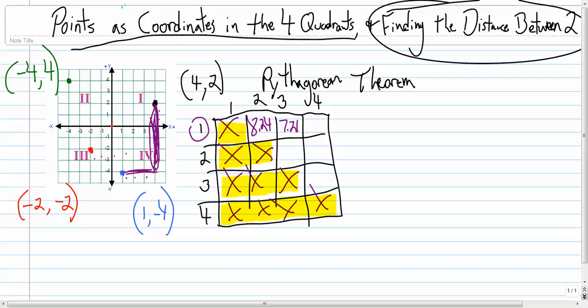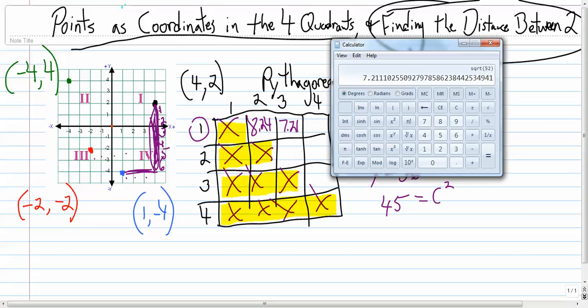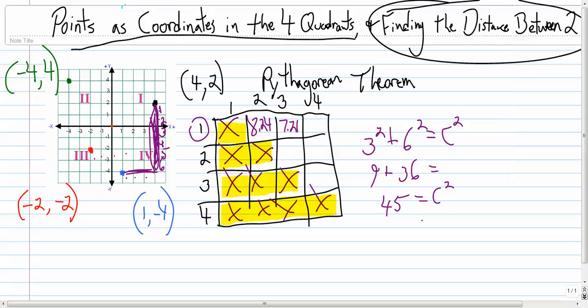Let's see, 1, 2, 3 squared plus 1, 2, 3, 4, 5, 6. So 3 squared and 6 squared. So 9 plus 36 is what? 45 equals c squared. So c is going to be the square root of 45, and that is 6.71.